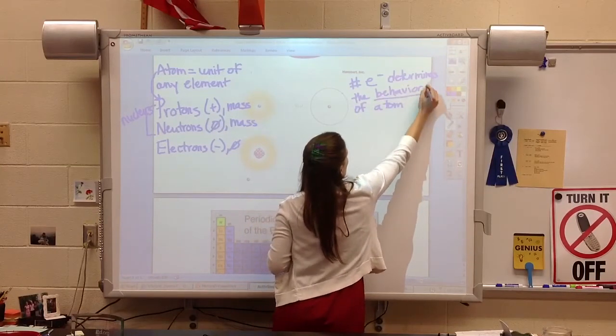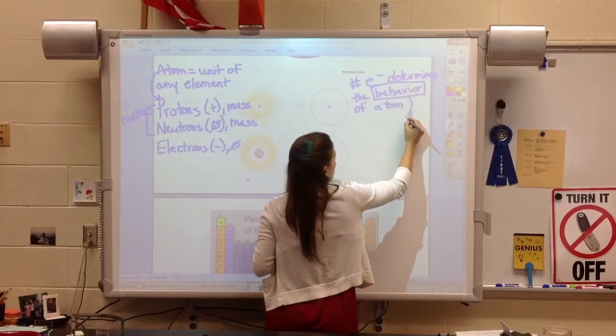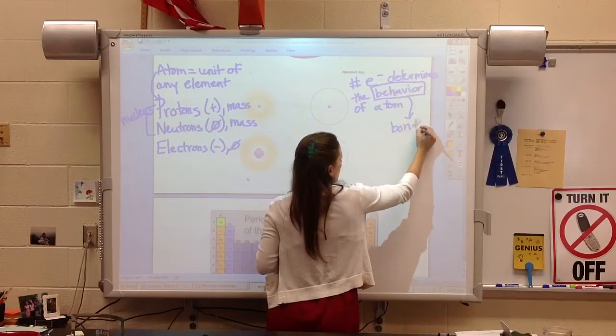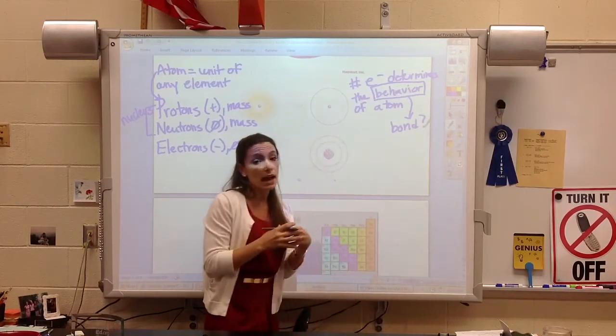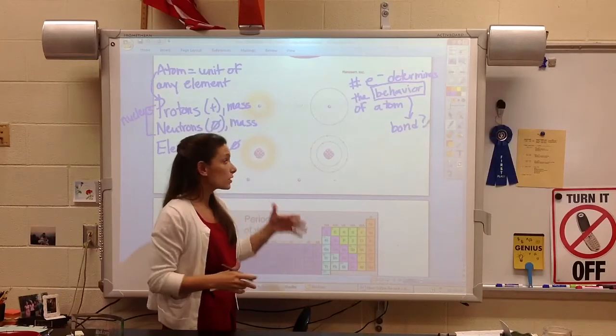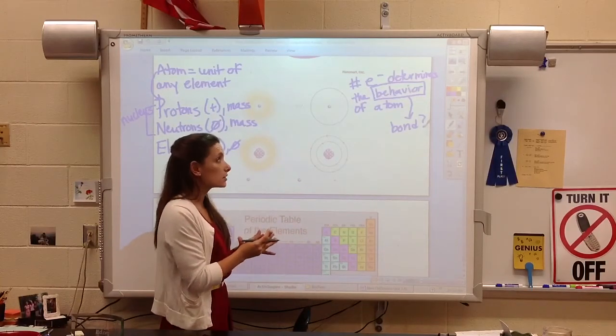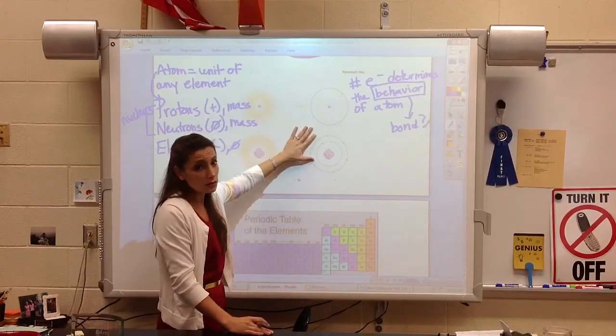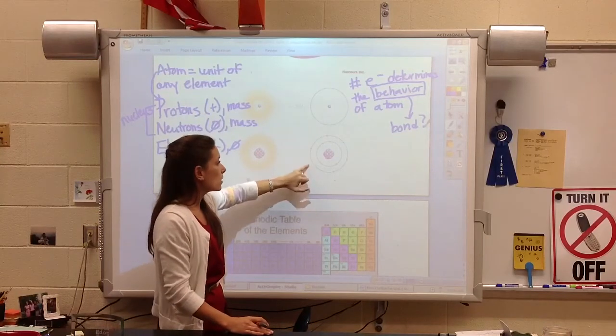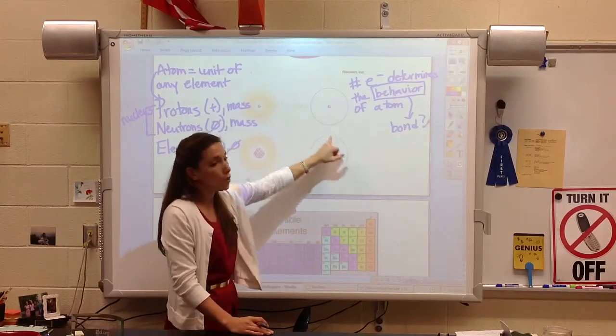And the main thing that we're going to talk about in terms of behavior is, will it bond or will it connect with other atoms? Will it come near other atoms? And it really has to do with those electrons, especially in what we call the outermost orbital.